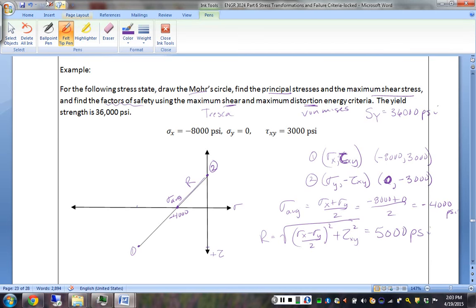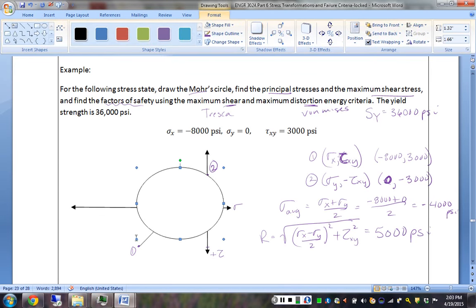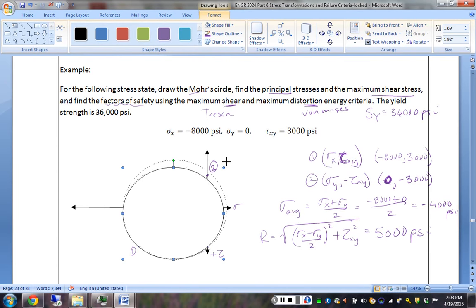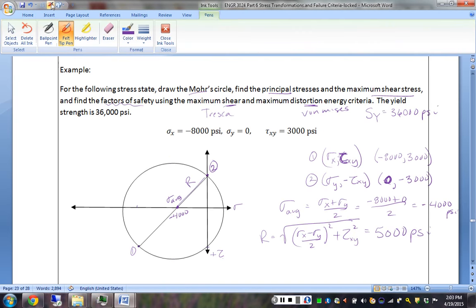So now defining the circle that goes through our points, or approximately through our points. We know that sigma A is the average stress value plus the radius, so that's minus 4,000 plus 5,000.